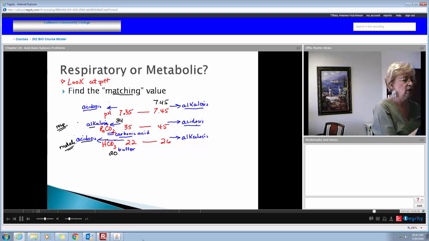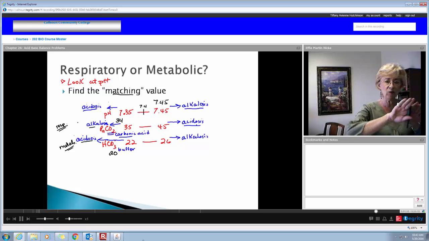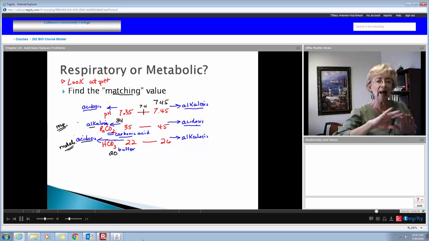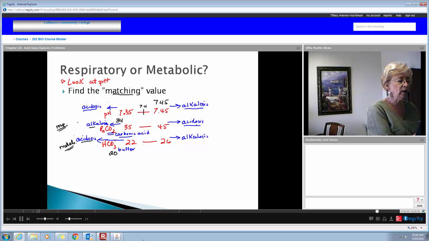Here's the key. When you have the other values out, you take your pH range and you split it down the middle. So the pH range that's in the middle is 7.4. And what you do with that is you look at your pH, and if the pH value is to the alkalosis side, a higher number than 7.4, but still in range, between 7.4 and 7.5, we consider the problem to be alkalosis.